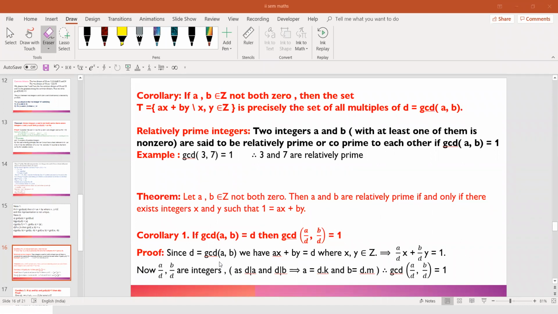What it says: if GCD of A and B equals D, then GCD of A by D and B by D equals 1. My question is, are these two expressions integers or not? If D is the GCD of A and B, are A by D and B by D integers?